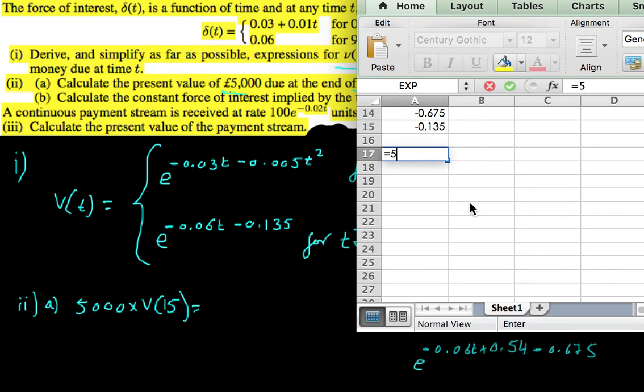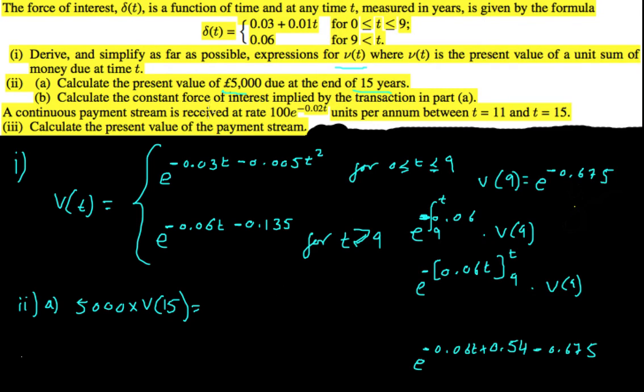So equals 5,000 multiplied by the exponential of negative 0.06 times 15 minus 0.135 gives us our answer, 1776.13. Okay, so there we go, 1776.13 pounds.